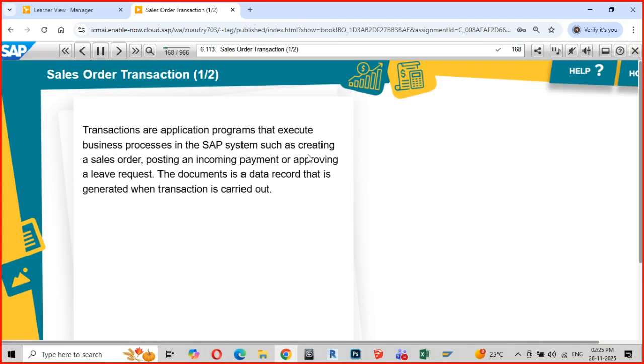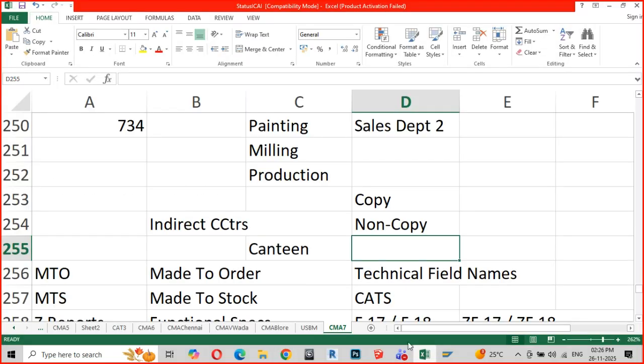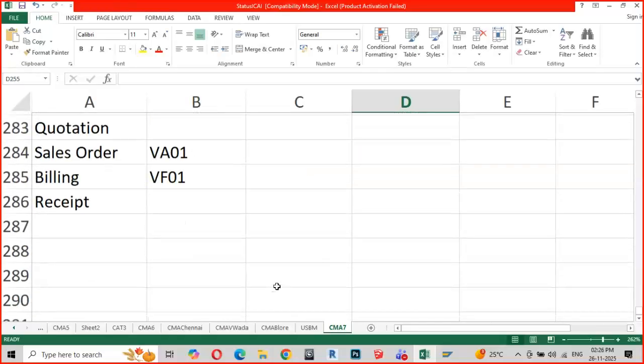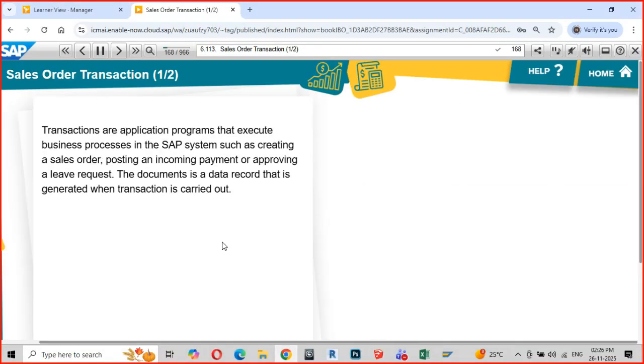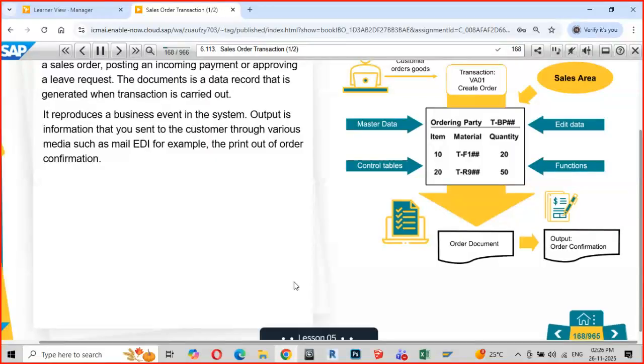So all these you saw, the sale order VA01, sale order transaction. I've already put it in my Excel sheet. Sale order VA01. Let me see if he's talking about the same thing. Sale order transaction. Sales area.